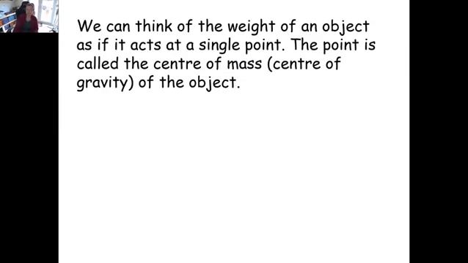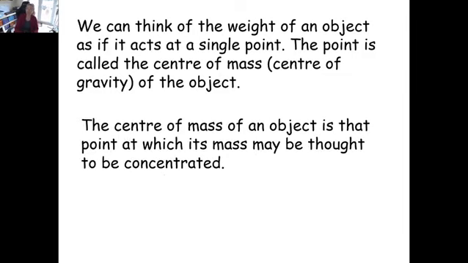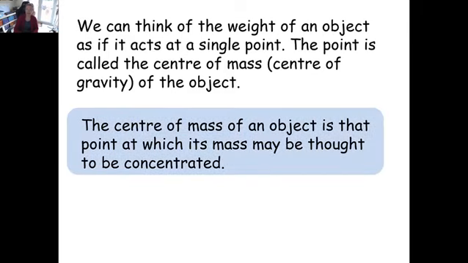Well, the centre of mass is a way of thinking that the total weight of the object acts at a single point, and we call that point the centre of mass. So it's the point at which the total mass of the object can be thought to be concentrated, and that's what we mean by the centre of mass.